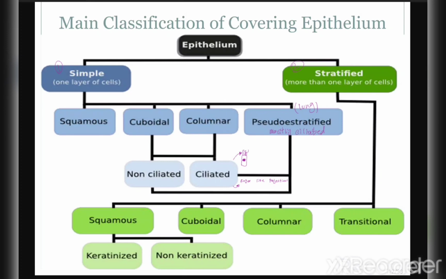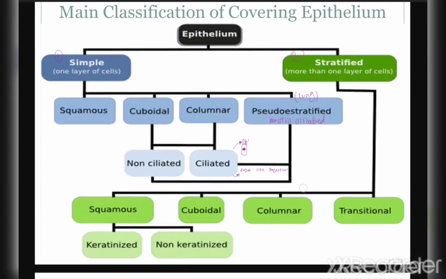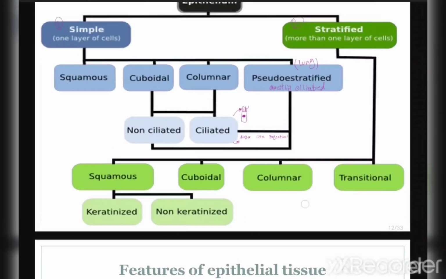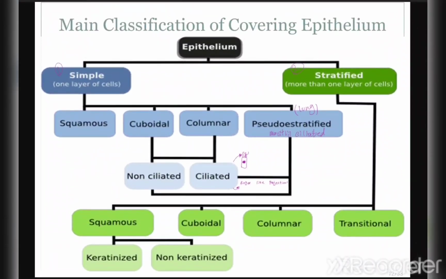The details will be in the next lecture, inshallah. The pseudo-stratified is most commonly columnar, and also cuboidal in some cases.